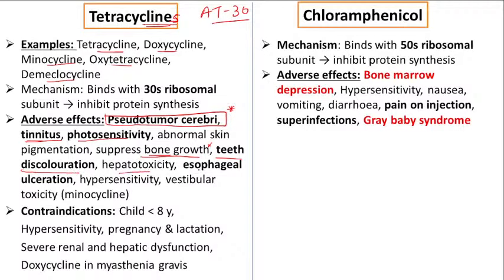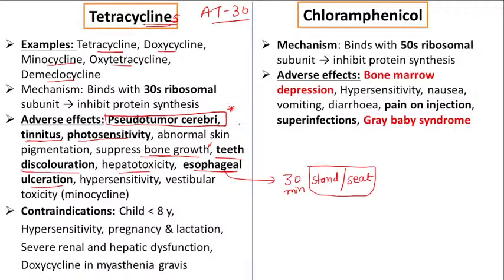स्पेसिफिक एडवर्स इफेक्ट हिपेटोटॉक्सिक है. इसोफेजियल अल्सरेशन है. तो इसकी वजह से क्या करता है पता है, ये एडवर्स इफेक्ट जब होती है ना किसी ड्रग में, कि जैसे इसोफेजियल अल्सरेशन है, तो इसका मतलब जब भी कोई पेशेंट ले तो उसको फिर लेटना नहीं है. पेशेंट has to sit or stand for at least 30 मिनट. 30 मिनट खड़े रहना है या तो बैठना है. दवा लेने के बाद उसको इमीडिएटली सो नहीं जाना है. अगर आप कोई पेशेंट को ऐसा एडवर्स इफेक्ट है and you are giving a drug, you have to tell the patient that you have to be in a standing position or a sitting position for at least 30 minutes after taking the medicine.